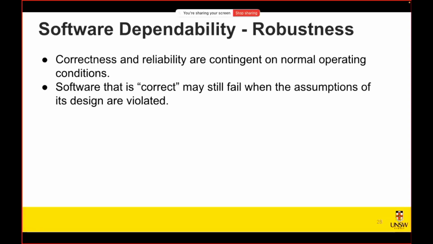And for most specifications, we prioritize the main functionality or the main features of the software. So sometimes we don't really cover the detailed or corner cases in our specifications. That's why correctness and reliability are more focused on the normal usage conditions.